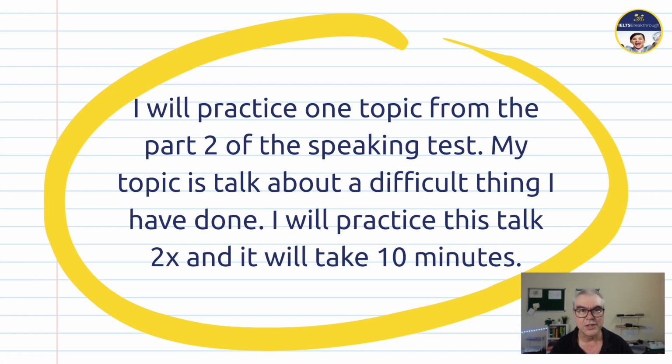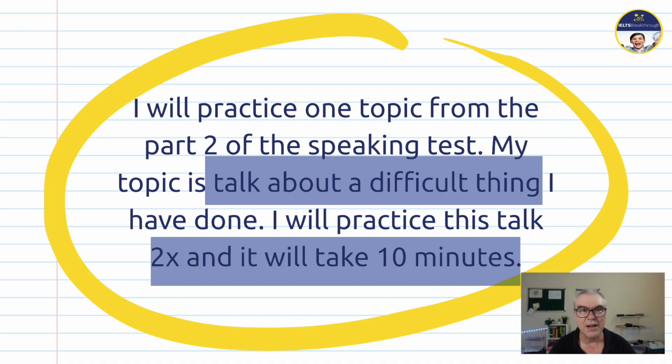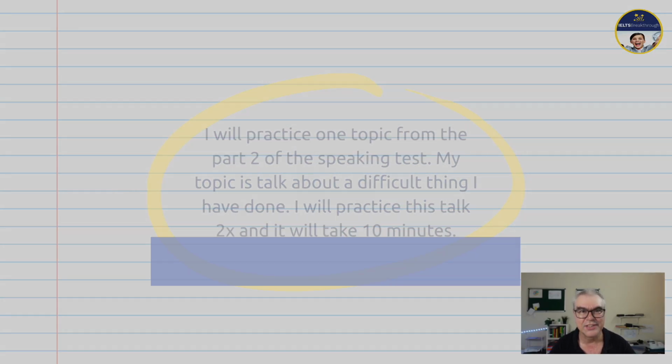The outcome is defined by the topic. I will talk about a difficult thing I have done. And then it's realistic, it's only 2 times, and it's time-bound, 10 minutes.